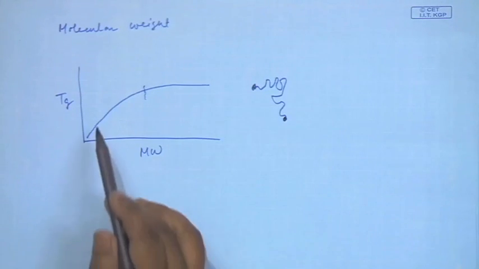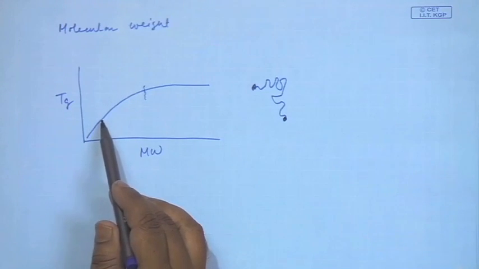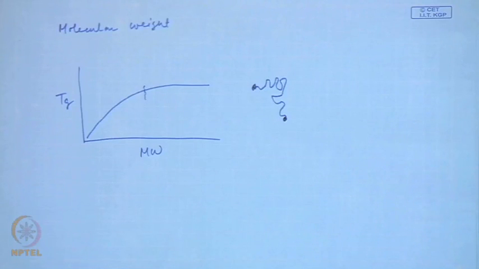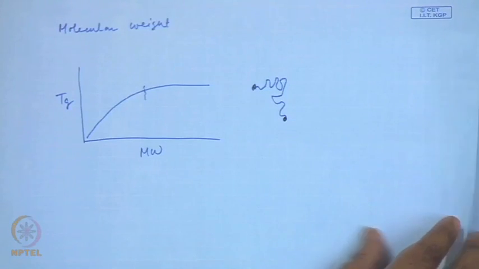So, for shorter molecular weight, the contribution from the chain ends is significant, hence the Tg is low, and with increasing chain length and molecular weight, the contribution from the ends goes down progressively, and after a certain molecular weight, the chain ends do not contribute too much. So, the value of Tg becomes a steady value.